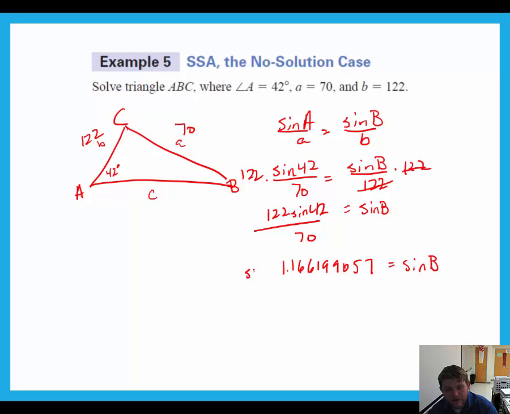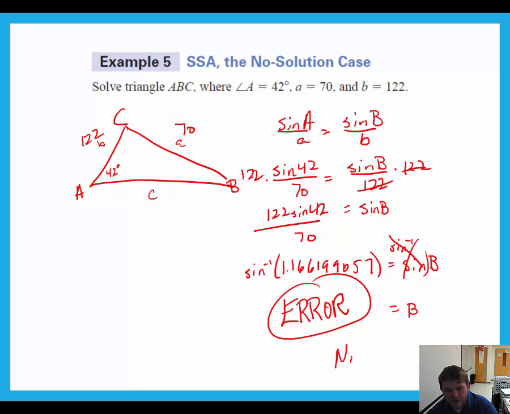Well, if we do the inverse sine of both sides, what happens? These cancel. We're left with b is equal to. Whenever you try and do that in your calculator, you're going to be surprised because you're going to get this error message. This can't happen. There's no solution.